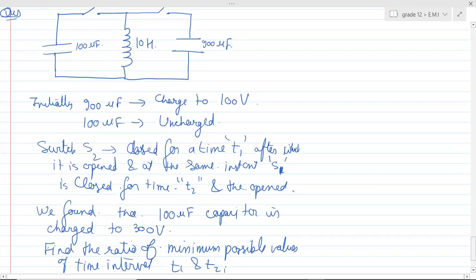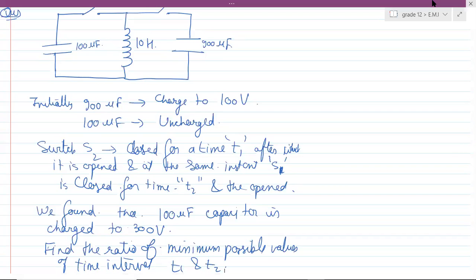Acha, I never had a head count how many people are J and how many people are NEET. Okay, by NEET people, how many are there? Let me count. Able is J. Arya, are you J or NEET?